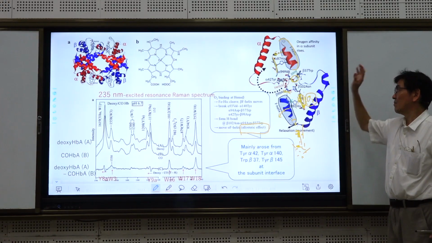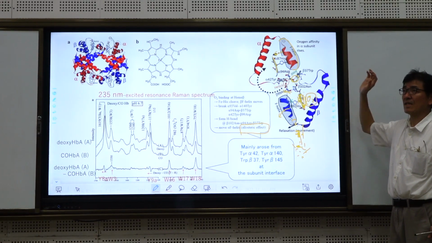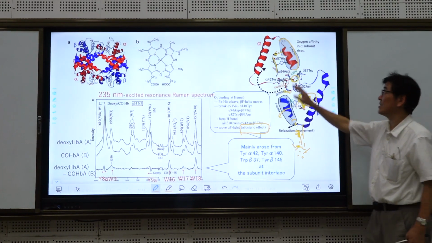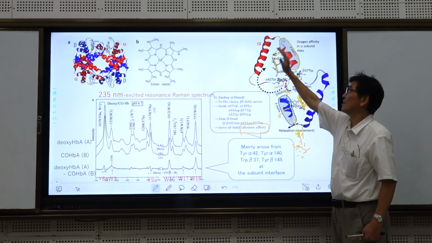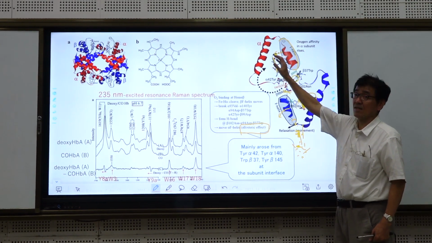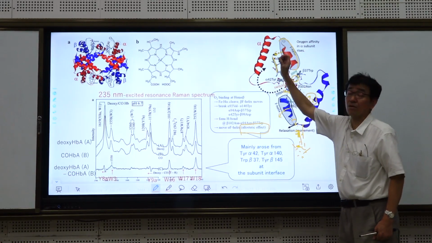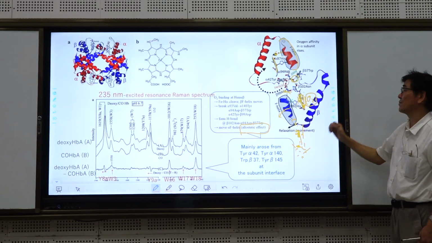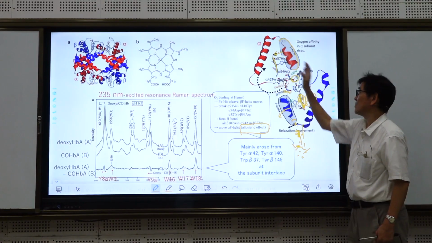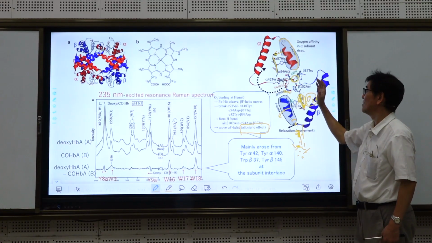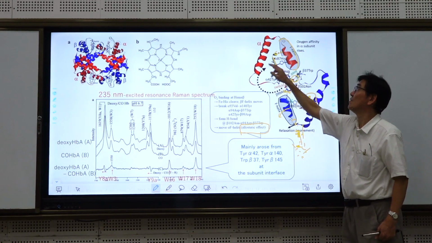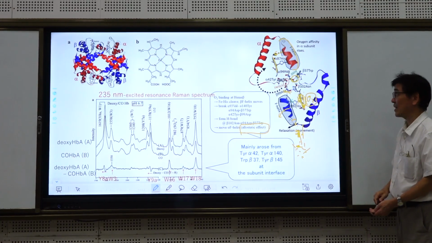Allosteric effect means the attachment of one oxygen affects another binding site and facilitates the binding of oxygen. Or a synergy effect between two distant ligation sites.